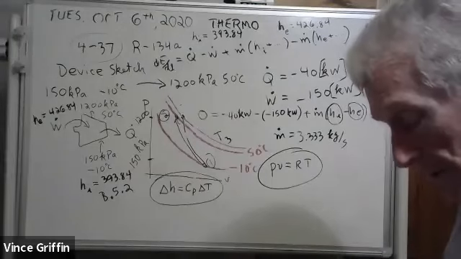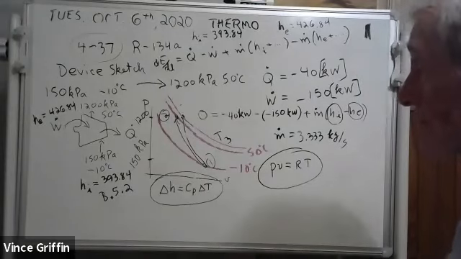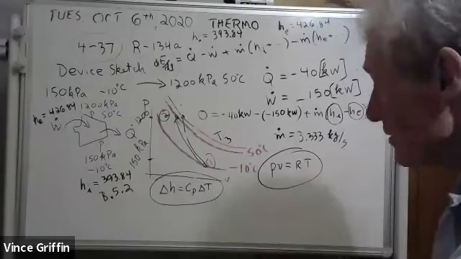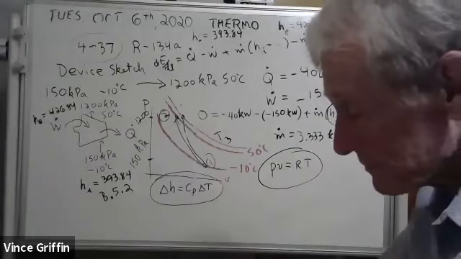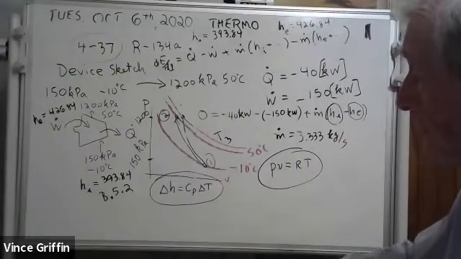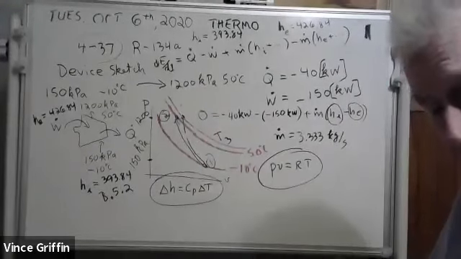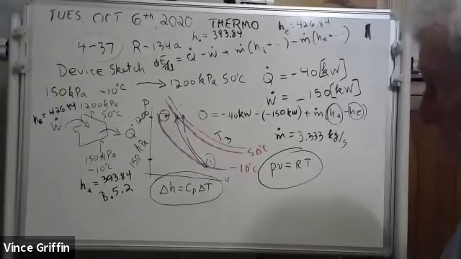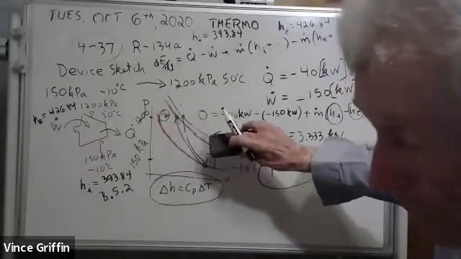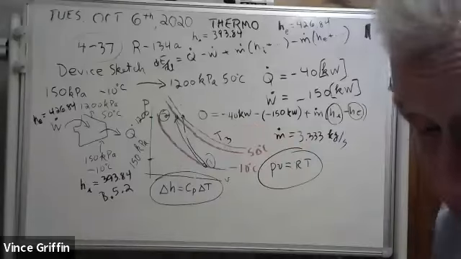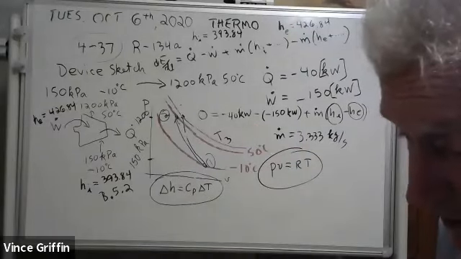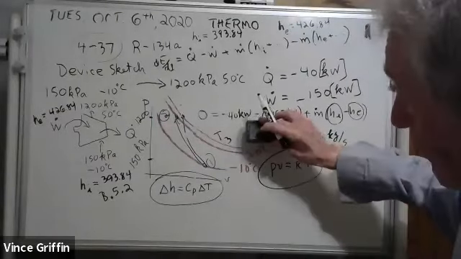Here, let me do it right. We got eight minutes left. Now, if you'd done that PV diagram like that, you would have gotten a 3 on your homework.